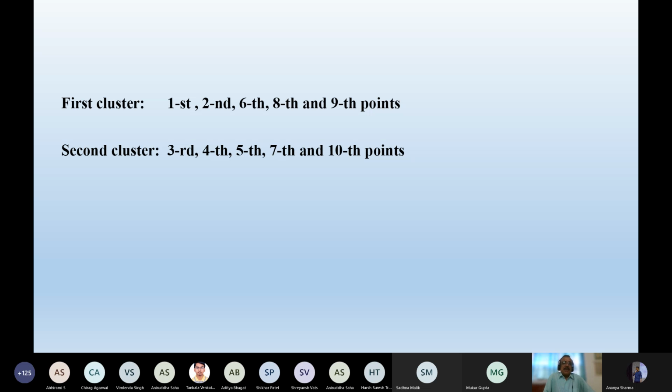Once you've got this cluster, our responsibility is to check the quality of the cluster. As I told you, I'll be discussing one more algorithm. Between the algorithm I discussed today and the algorithm I'll be discussing in tomorrow's class, there is a significant change in terms of the quality of the clusters that can be achieved.